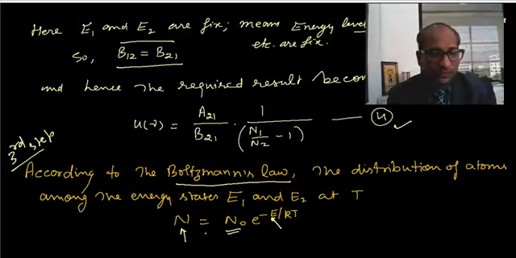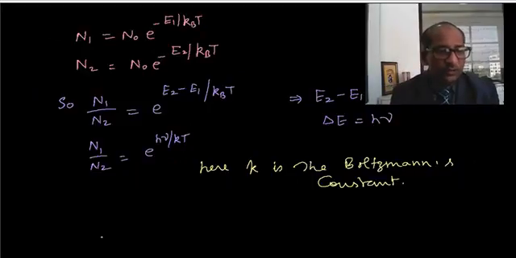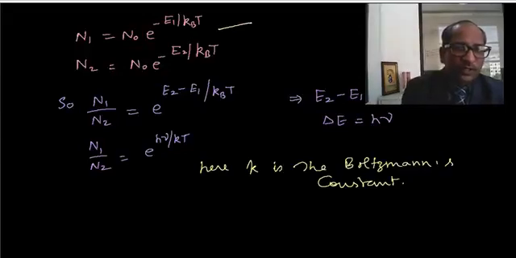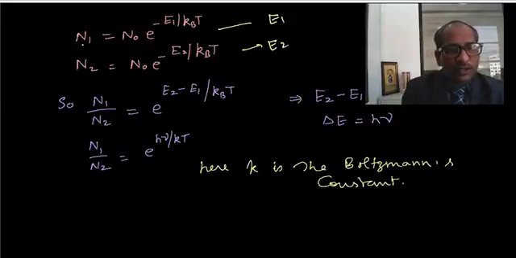Right, so by using it for the energy state E1 and for the energy state E2, you can see here N1 is equal to N naught, the total number of atoms. N1 are the number of atoms corresponding to the ground state, that is E1, K B, the Boltzmann constant, and temperature.